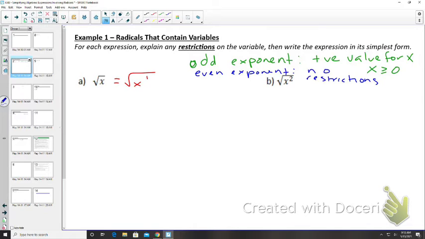If we have an odd exponent, we need to have a positive value for x, or x needs to be greater than or equal to 0. Okay, it can be equal to 0 because the square root of 0 is just 0. Okay? So for our first one here, the square root of x, the only restriction is that x must be greater than or equal to 0.